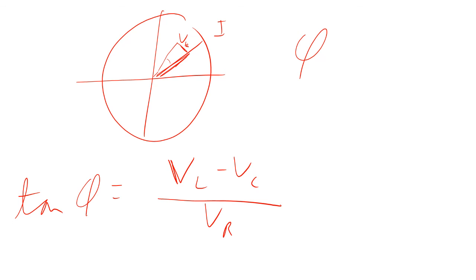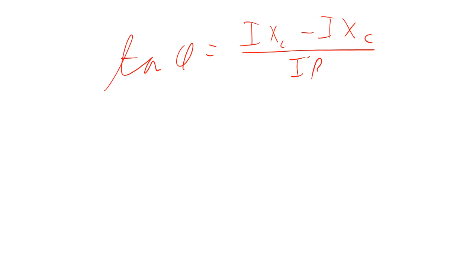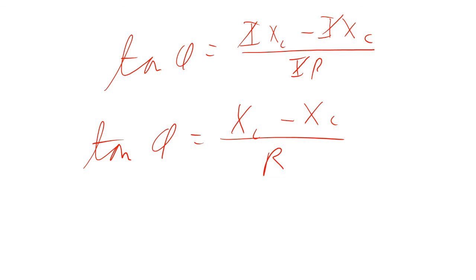And so we can say, therefore, the tangent of the phase angle is VL, which equals IXL, minus VC, which is IXC, divided by IR. The I's cancel, and so the tangent of the phase angle is going to be XL minus XC over R.